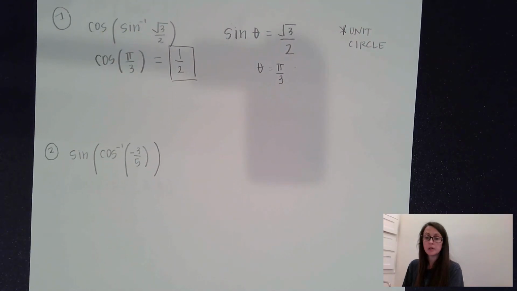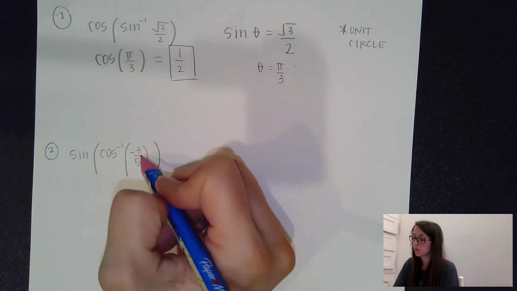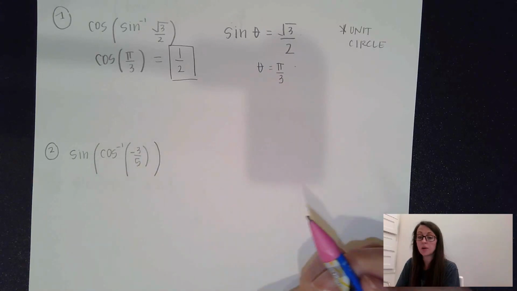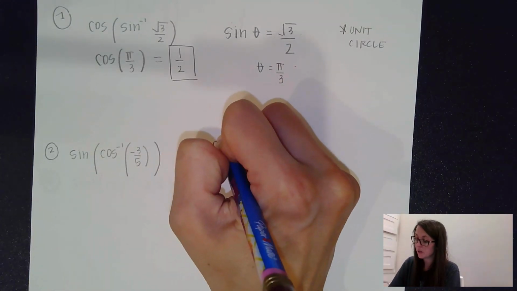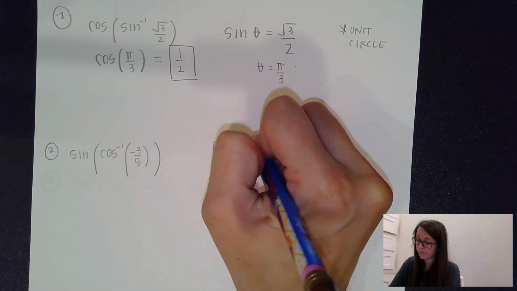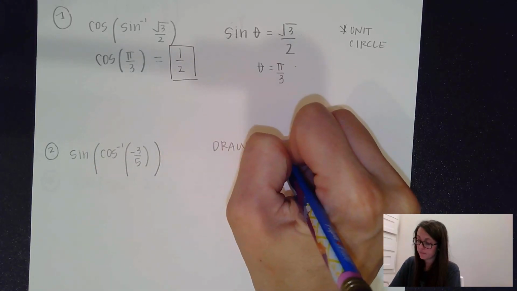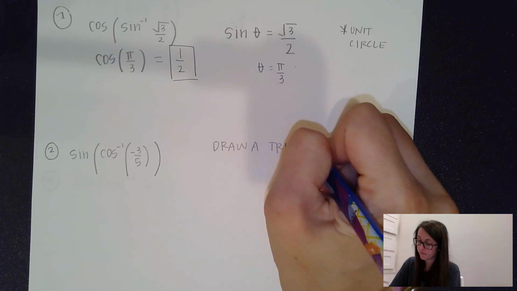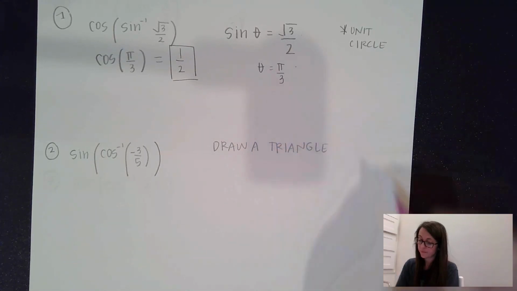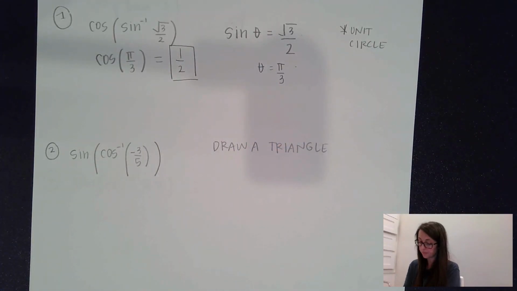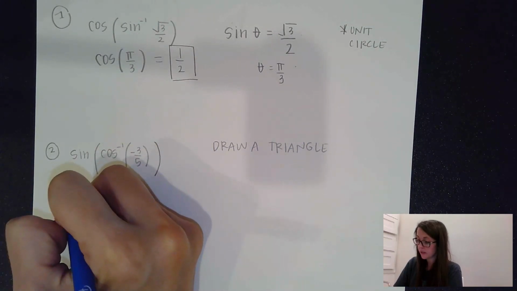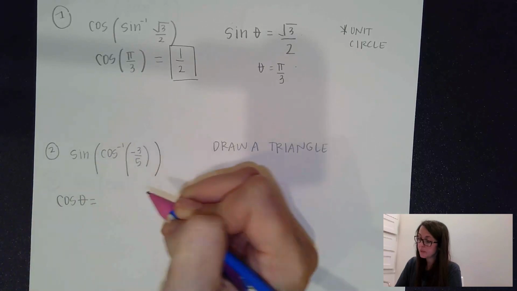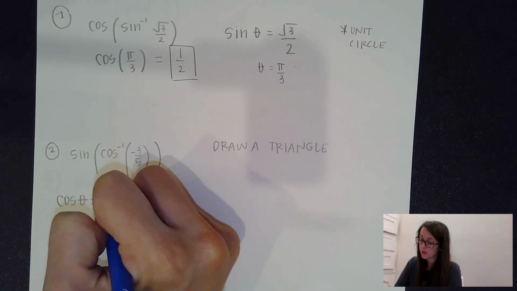Number 2 here. This next one is not using the unit circle because this ratio is a negative 3 over 5. So I'm going to have to look at a triangle. So for this one, I want to draw a triangle. Okay. So where is cosine going to be a negative 3 over 5?